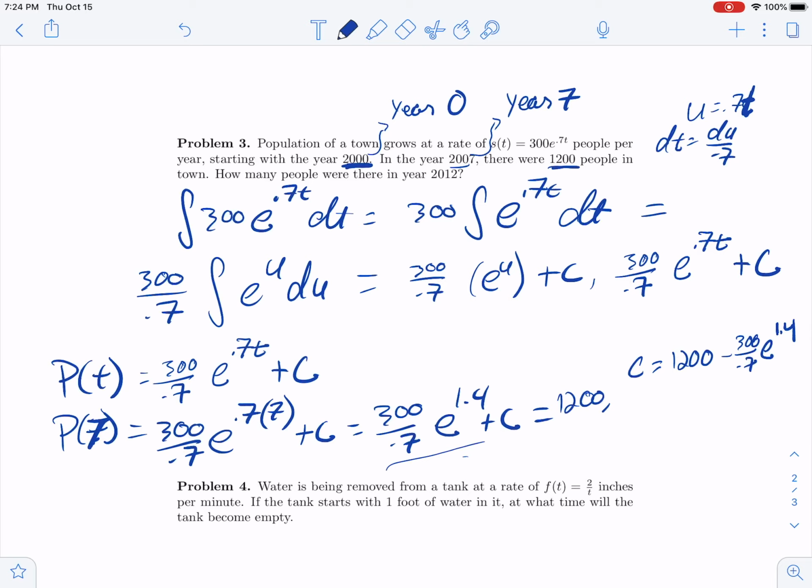All right, so now I want to know the population in the year 2012. This is going to be year 12, right? Because we started at year 0.